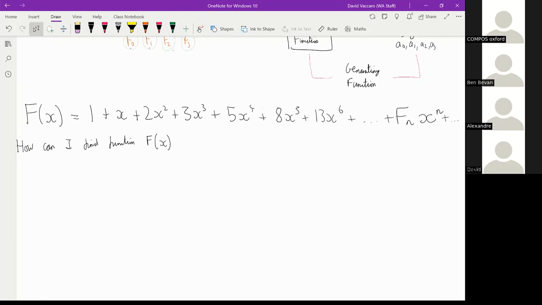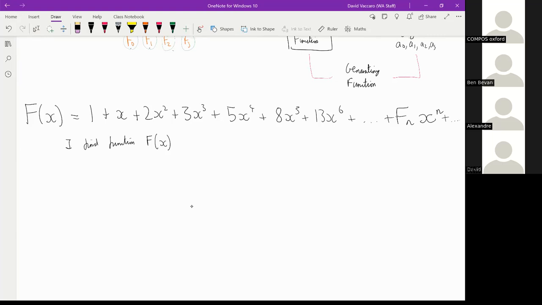Well, let's think about what I know. I know that the Fibonacci sequence can be generated by adding successive terms.